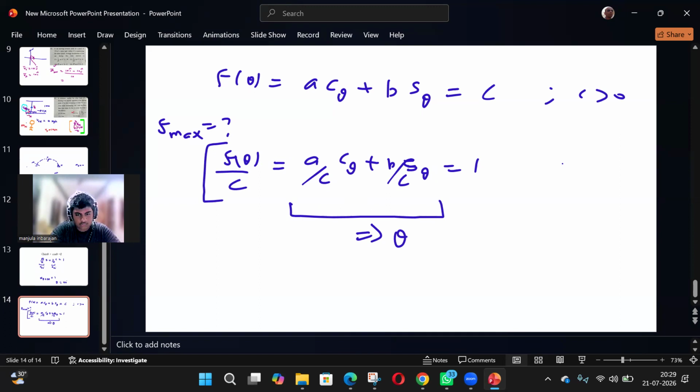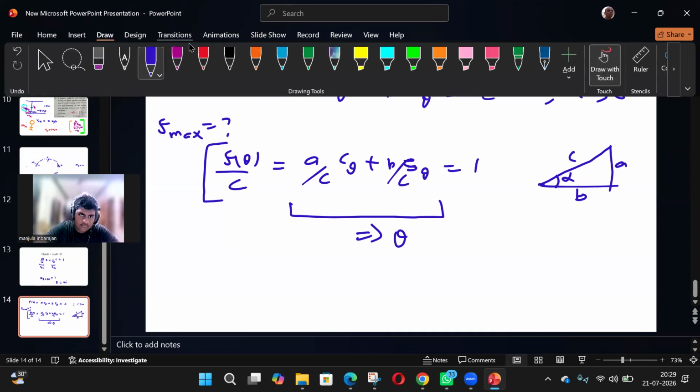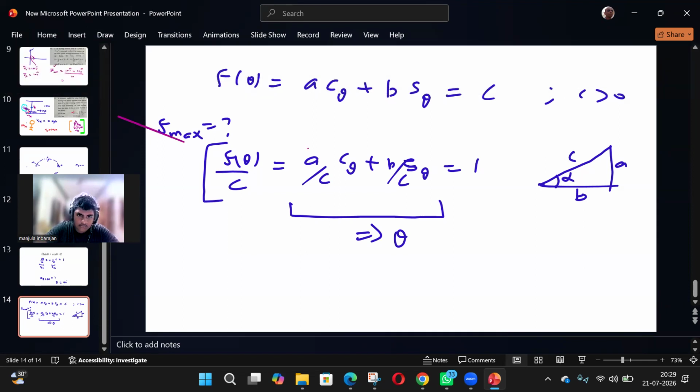For this you construct a triangle with A here, B here, and C here. Let this angle be alpha. A by c is sine alpha and this is cos alpha.